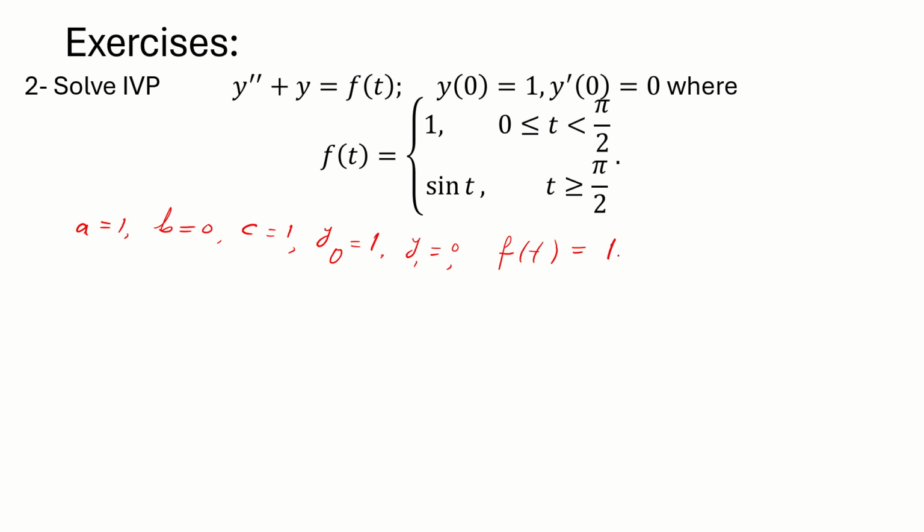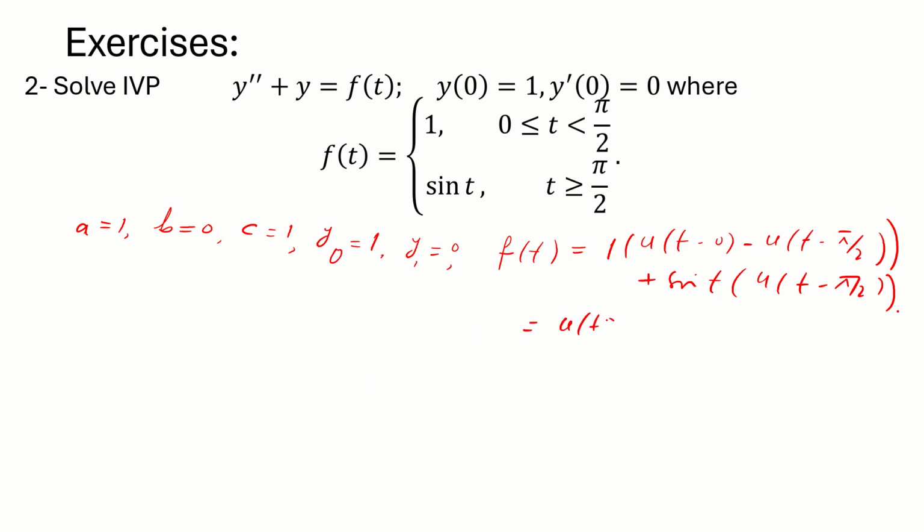So that is 1 into u t minus 0 minus u t minus pi by 2 plus sine t into u t minus pi by 2, which might be written as u t minus u t minus pi by 2 plus sine t.